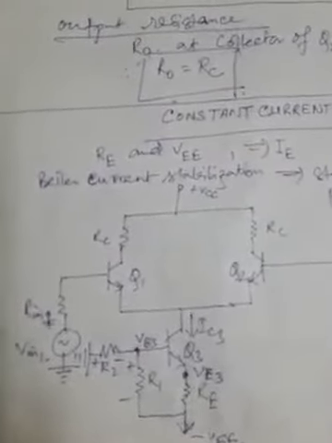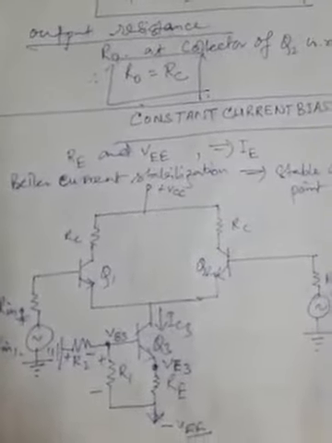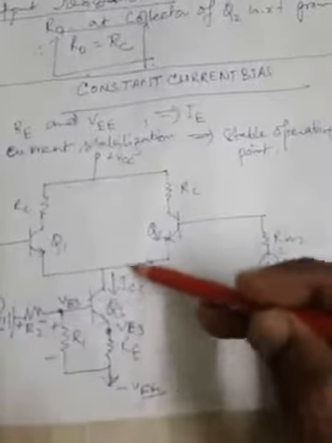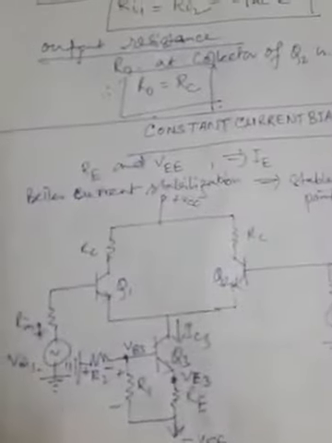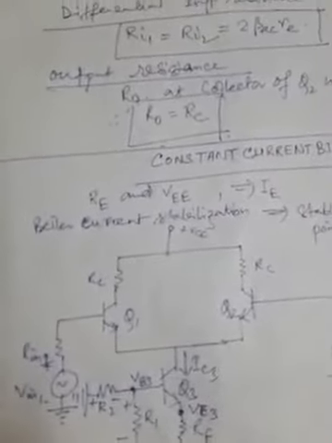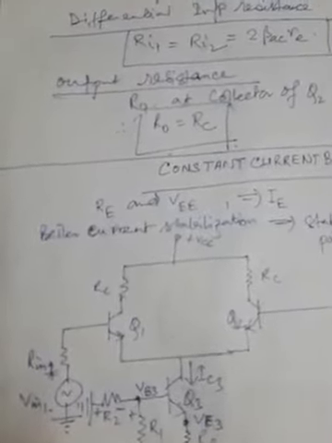And the DC collector current in Q3 is established by the resistors R1, R2 and RE. So these are the biasing resistors R1, R2 and RE that will establish this current IC3 in the transistor Q3, and this DC collector current can be determined.